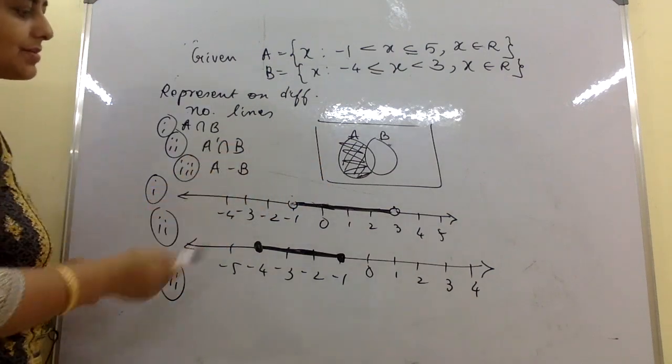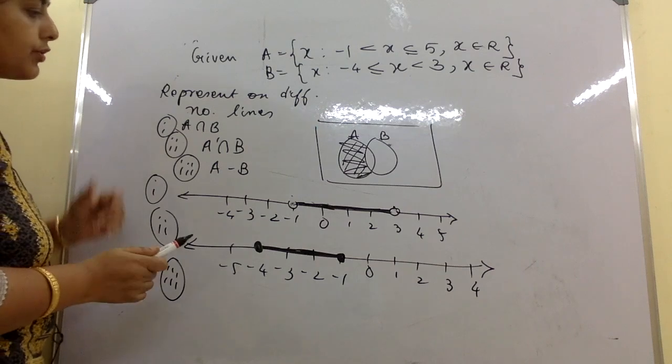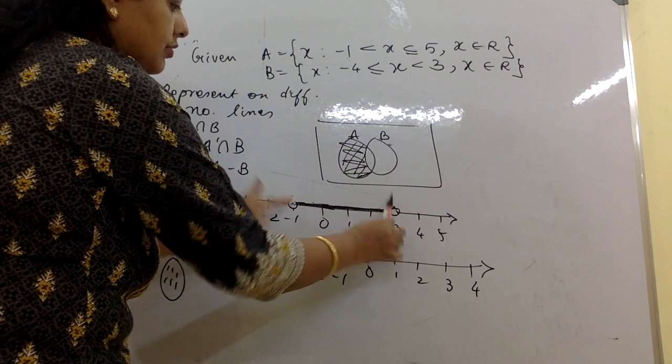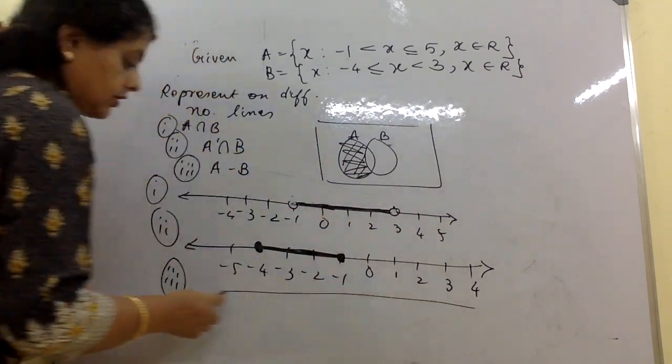So A minus B is also throwing out the intersecting portion. So if you see, this is the intersecting portion. Actually, this is the portion I'll have to throw out for A minus B and take the rest of A. That is the meaning. Okay.